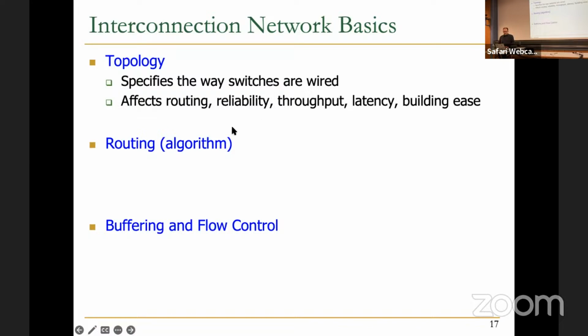It affects reliability. As I said, there are some topologies that provide only one connection from one node to another node. Those topologies fundamentally do not provide good reliability, because if that link or connection gets broken, then you cannot reach that destination node anymore, which is not good.